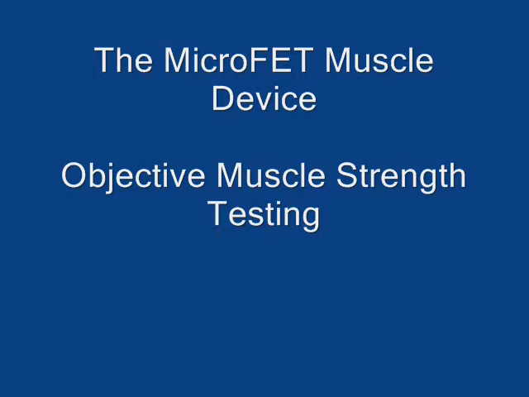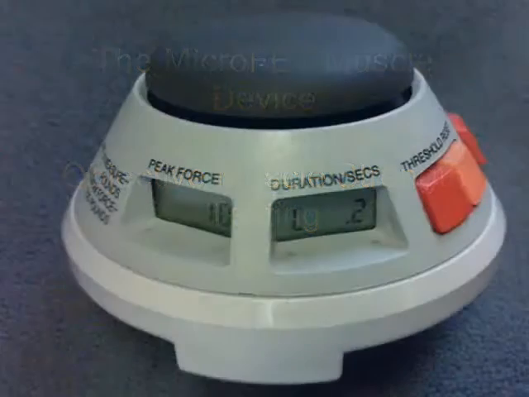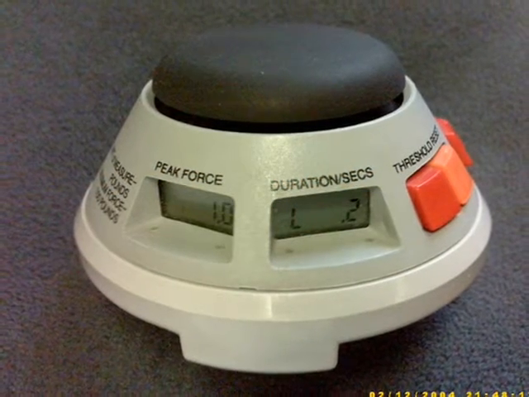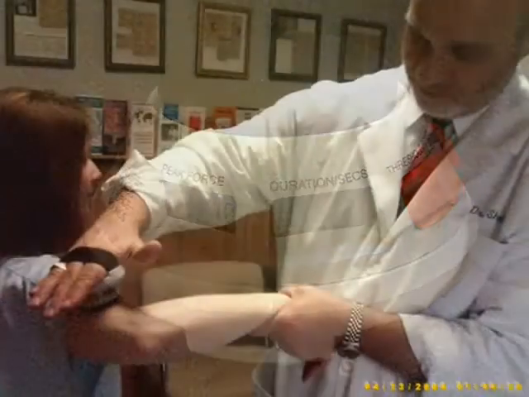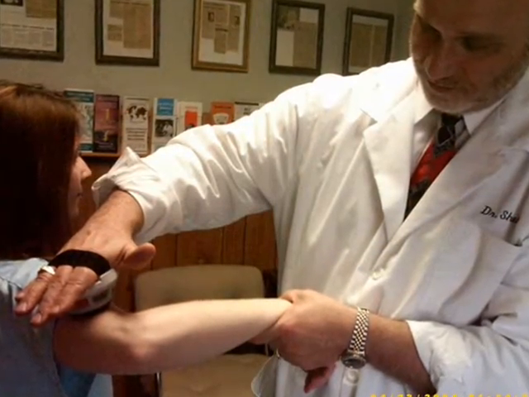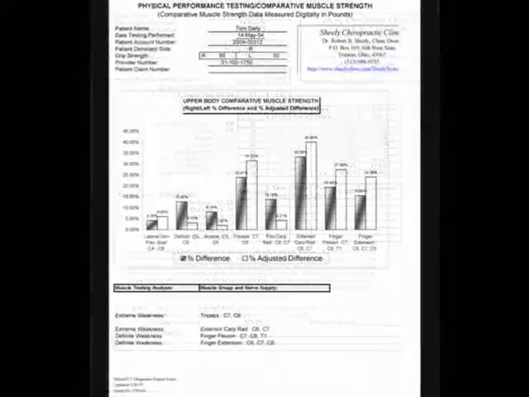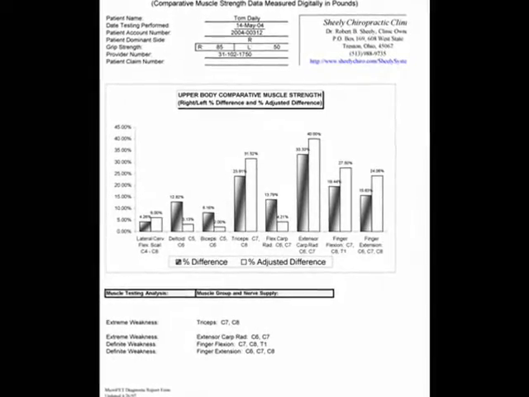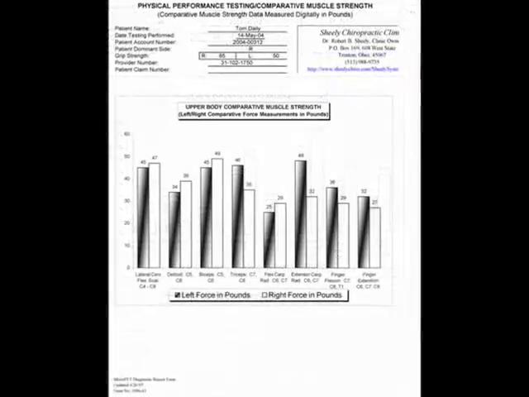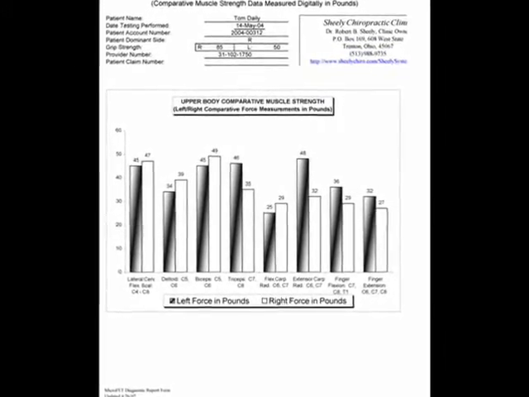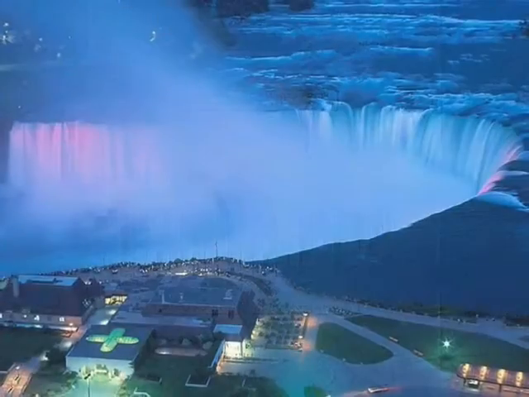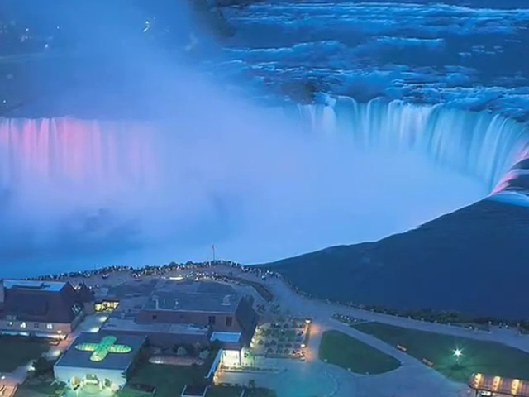The microfet muscle testing device is an objective muscle test strength device. Very helpful. We use this bilaterally and compare one side to the other and to see if the strength fits within a normal range. Normally you should have 10 to 15% difference on the dominant side. This is produced in a report, and also the documentation is placed in the notes for the patient.